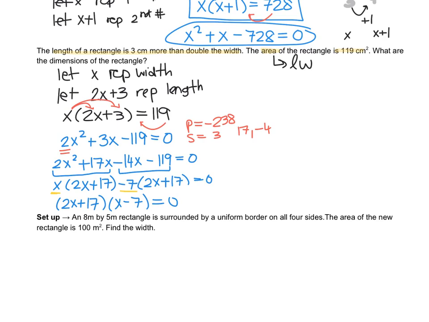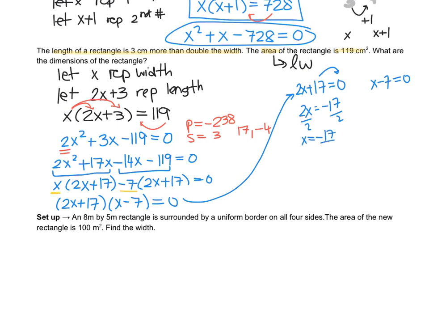Now that we factored, we can branch off and set each of our brackets equal to 0. So 2x plus 17 equals 0, or x minus 7 equals 0. When I solve the first one and I bring the 17 over, it becomes negative, and then I divide both sides by 2, and I get negative 17 over 2.